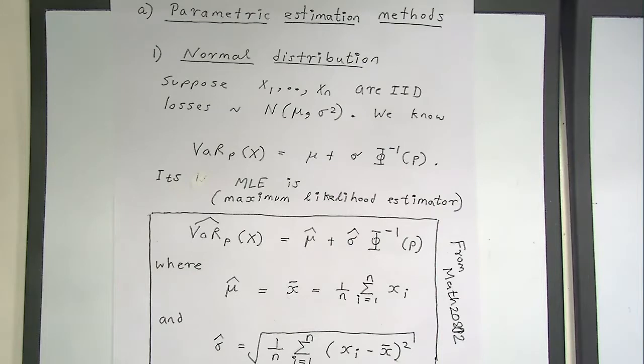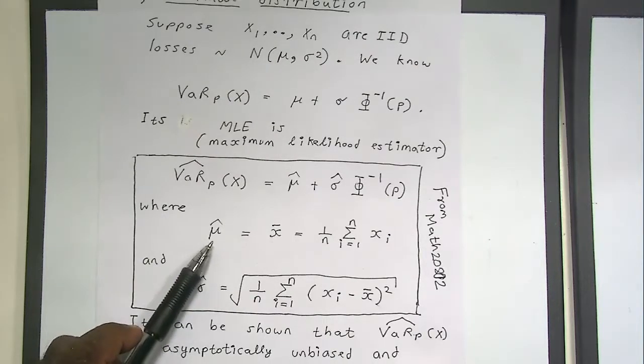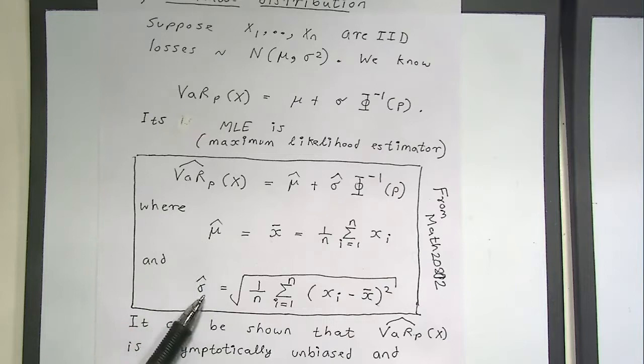So if you haven't taken this course, like for example, derivations of finding the MLE for mu and finding the MLE for sigma, you need to know how to do it, right? But those are kind of stuff I taught in the course, Math 20802, right?